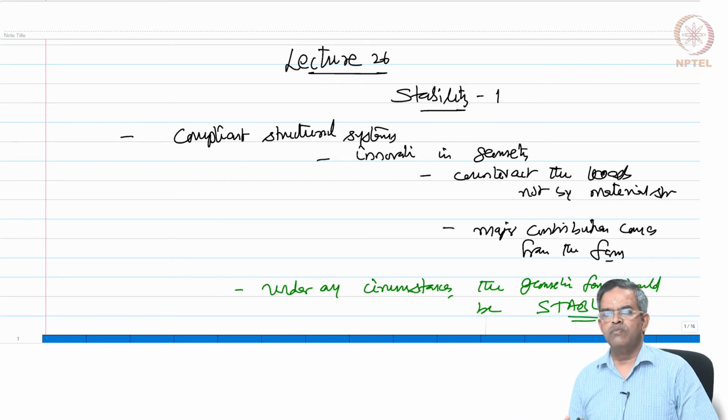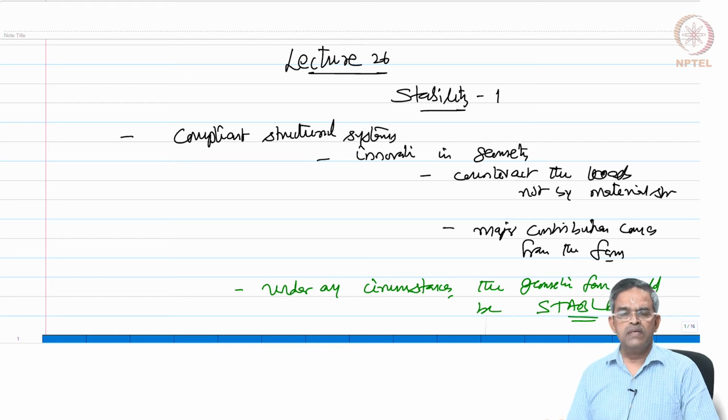You can use a form dominant design, you can try an innovative geometric form, you can derive the benefit of indeterminacy and arrangement of members to support the system and resist the load, all are fine, provided one condition, that the geometric form you design should remain stable. Okay. So, the stability becomes a very important criteria.